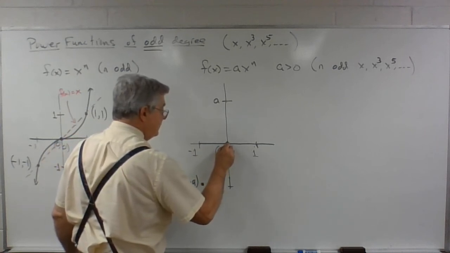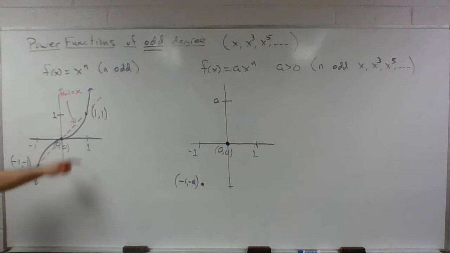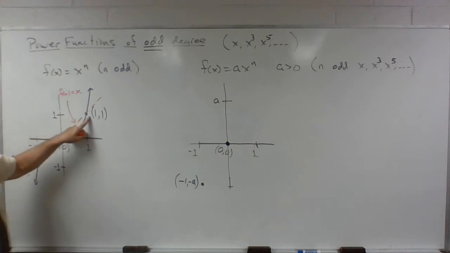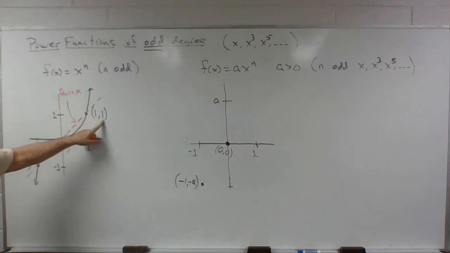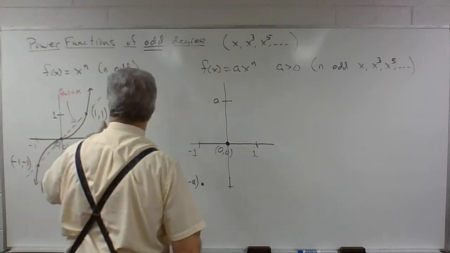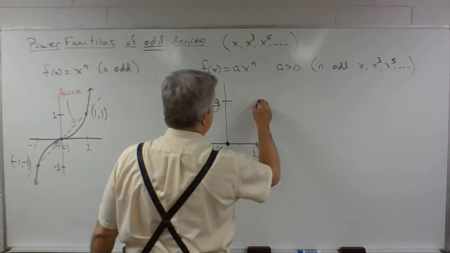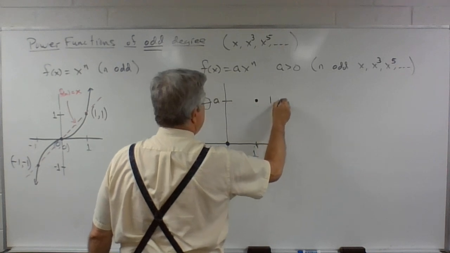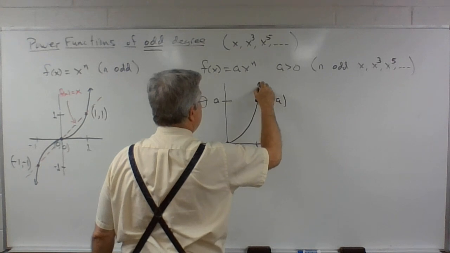So (0, 0) is a point on this graph also. And then to get the point on the new graph that corresponds to this point, we multiply the y coordinate by a. a times 1 is a. And that gives us the point (1, a). And here is our graph.